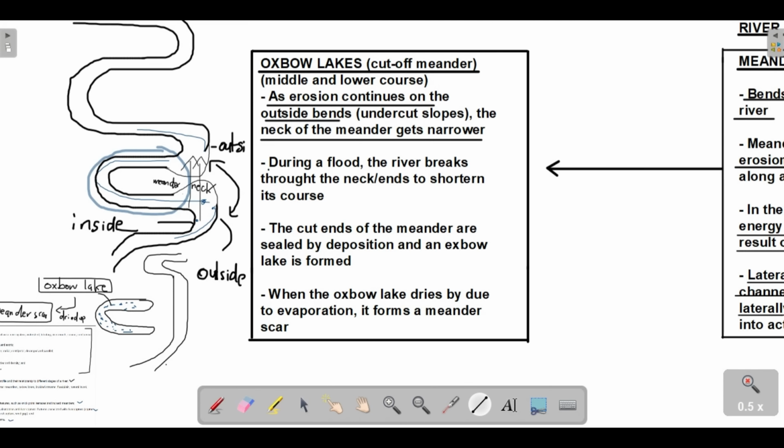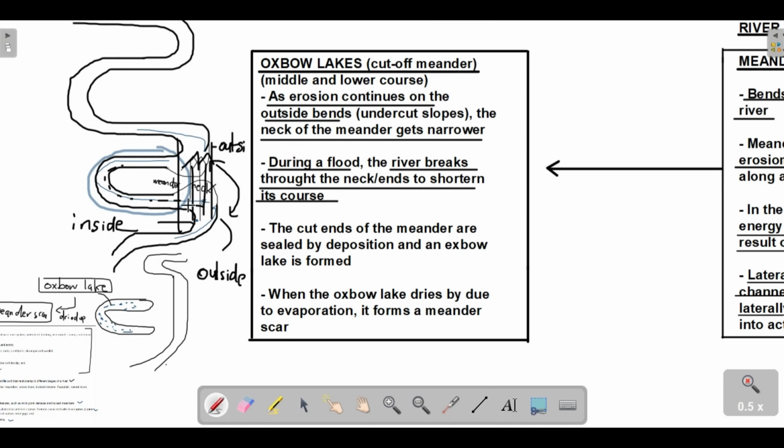And then during flooding, the river now will break through the neck to shorten its course. Now, the river will not want to follow the usual bend. Now, it will prefer the shorter route. And so that means that it will flow right on top of the meander neck, eroding the meander neck until it forms a new channel.